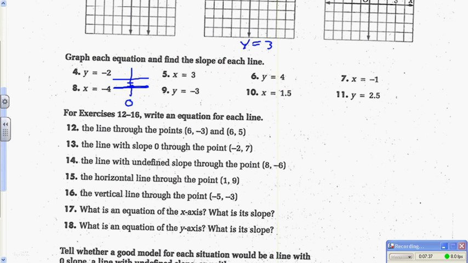Here we have x equals 1.5. So we find 1.5, which would be in between 1 and 2, and that is a vertical line. Vertical line has a slope of, which should be parallel to this, sorry. The slope is 0, or excuse me, undefined.